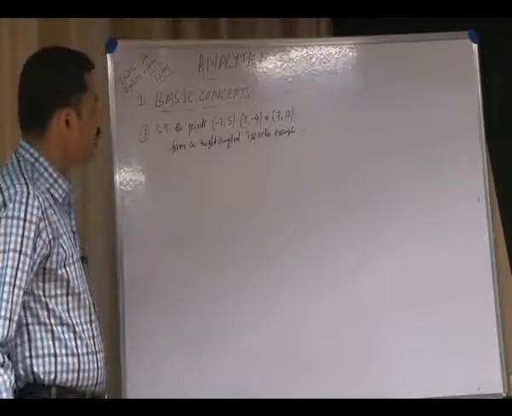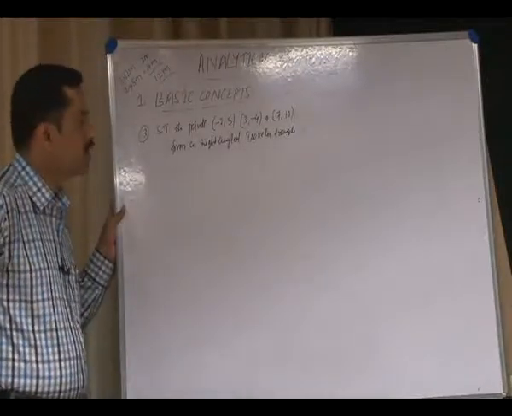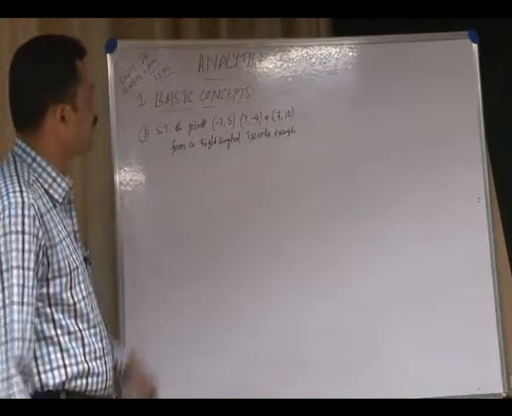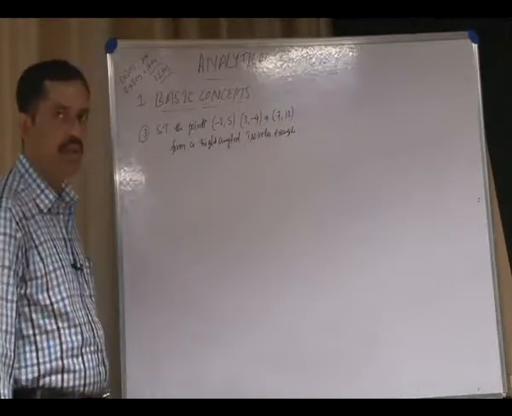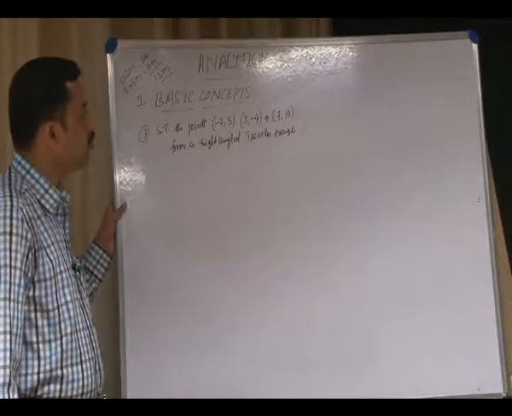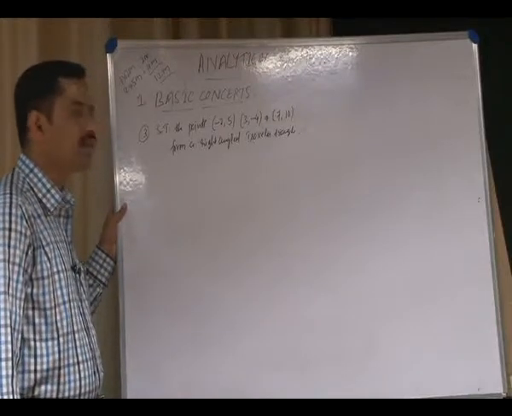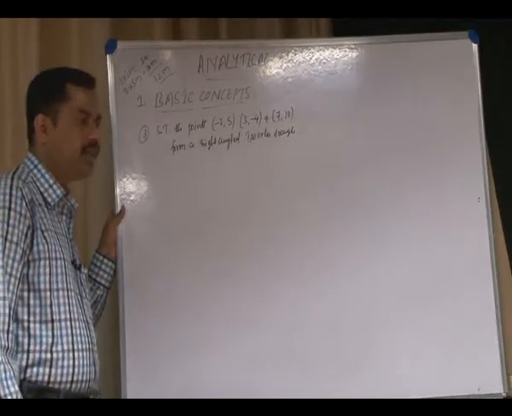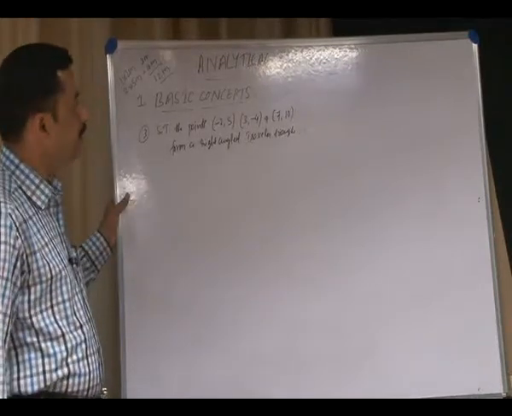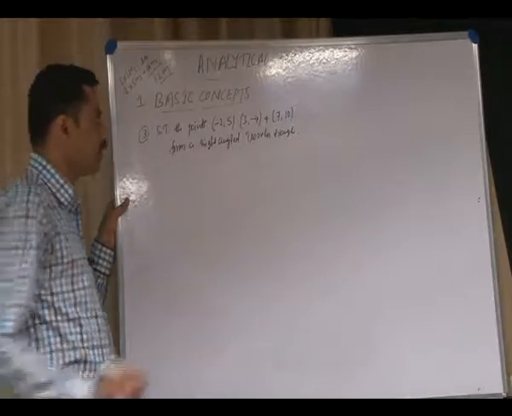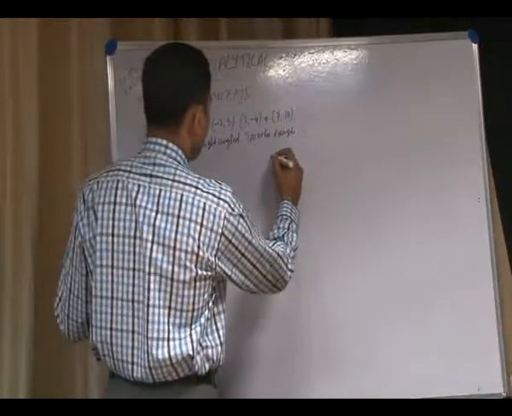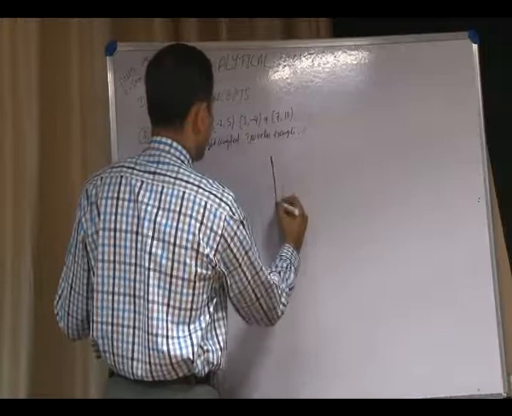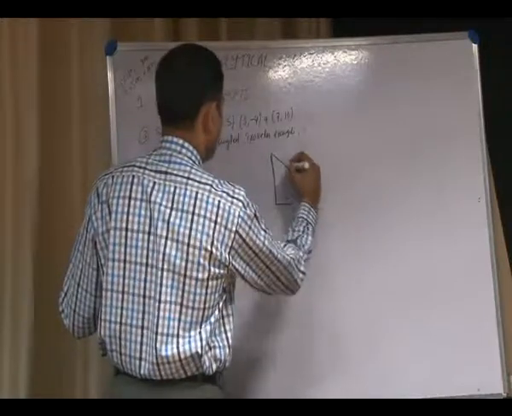Here three coordinate points are given, that is minus 2 comma 5, 3 comma minus 4 and 7 comma 10. I have to show these three points form a right angled isosceles triangle. Right angle triangle means in terms of distances you have to prove the Pythagoras relation. Suppose ABC is a triangle like this.